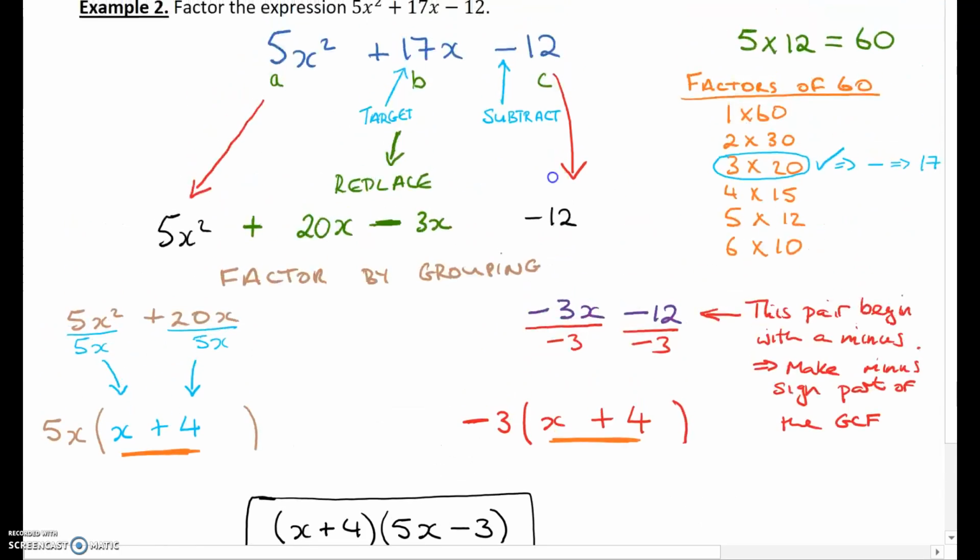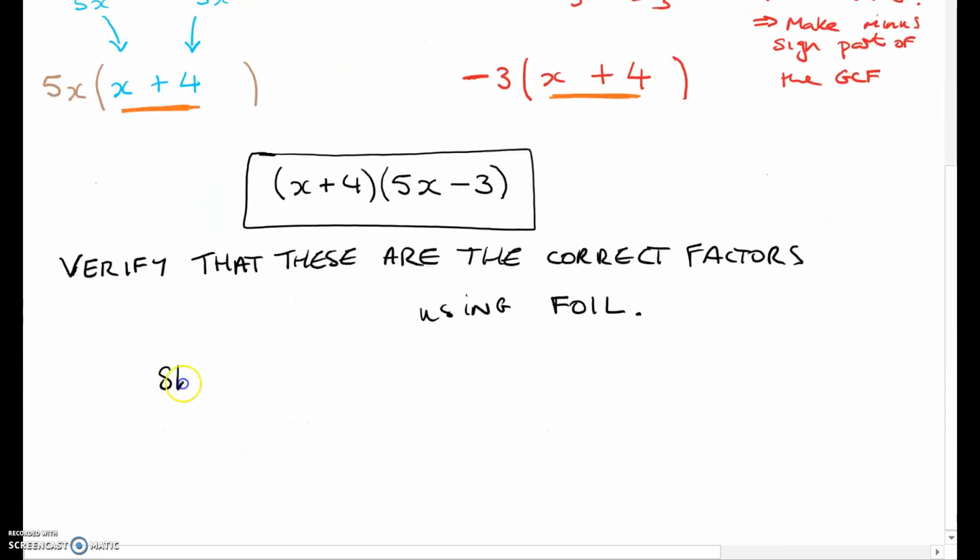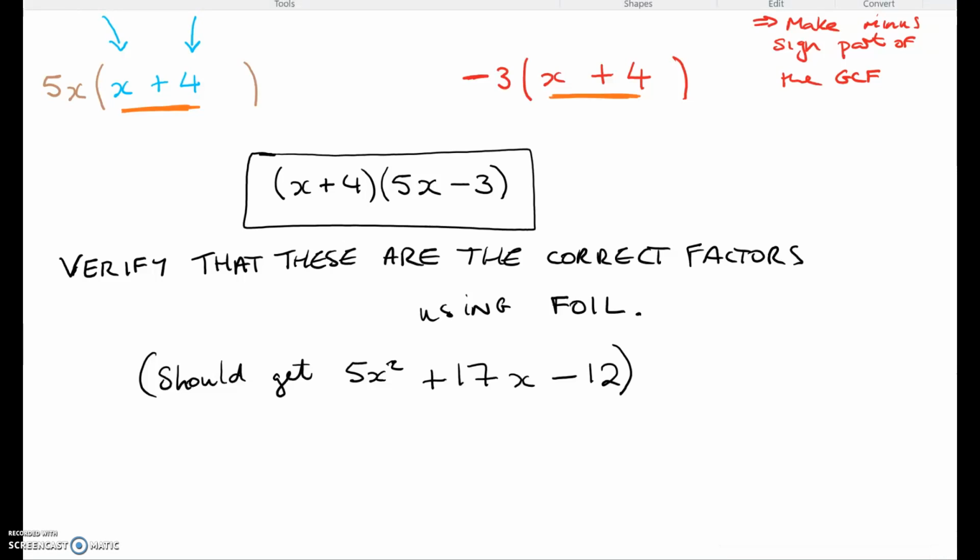After you use distribution, you need to get 5x squared plus 17x minus 12. I'll leave you to do that. But this is your answer. These are the factors right here. That was your task.